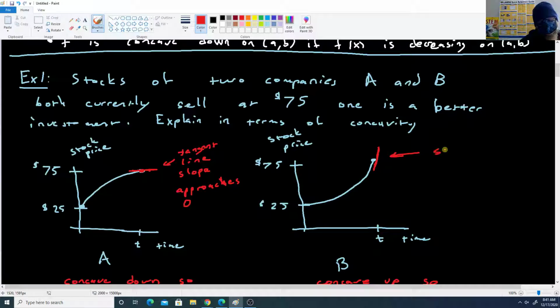So it's a steep, positive tangent line slope, or slope of tangent line, I guess we could say. So what that means is if we use that to predict where the next point's going to fall, the next point's going to fall kind of up here, which means the stock is increasing in value.